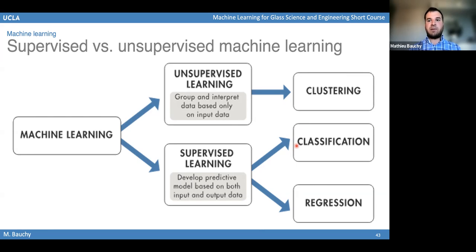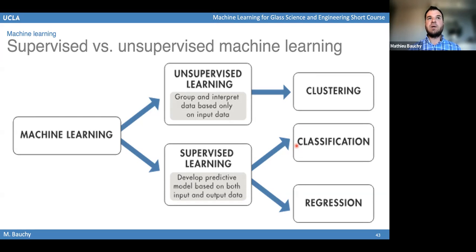There can be some other examples of classification. For example, if you have a melt composition and you want to predict if this melt is going to form a glass or if it's going to crystallize as you quench it, then that could be another classification problem.